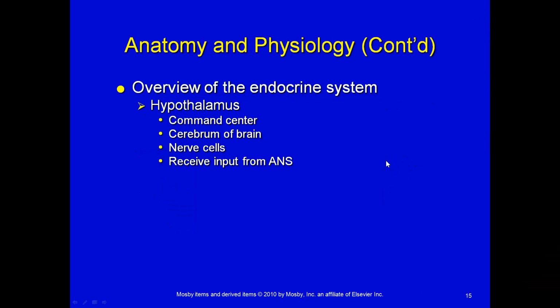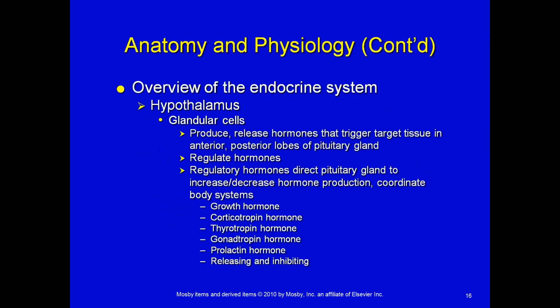Now, the hypothalamus is the command center of all the endocrine system. It sits in the cerebral cortex in the center of the brain. It's made up of nerve cells, and the hypothalamus receives input from the autonomic nervous system. And the autonomic nervous system is, of course, divided into the sympathetic and the parasympathetic nervous systems.